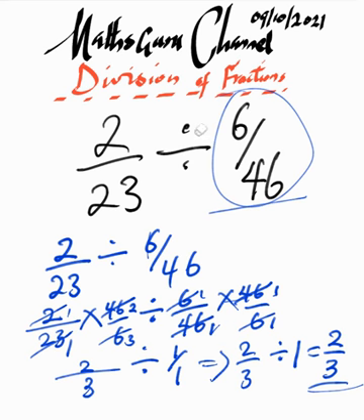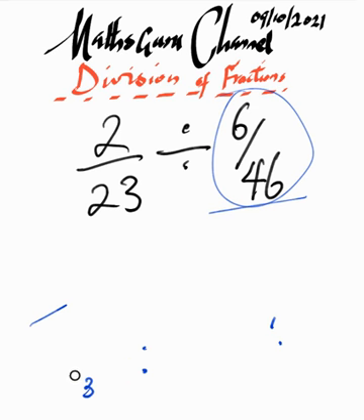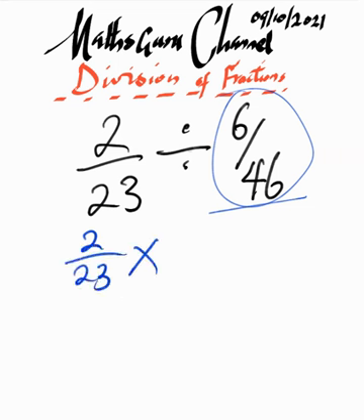Multiply whenever we have a division question like this. The simple way to approach it is just take the dividend 22 over 23, change the division to multiplication, then reciprocate this.